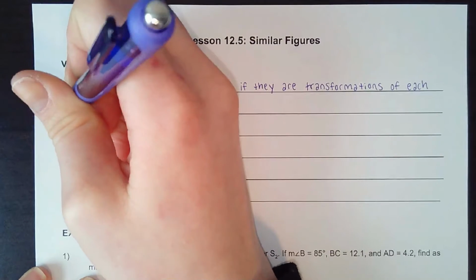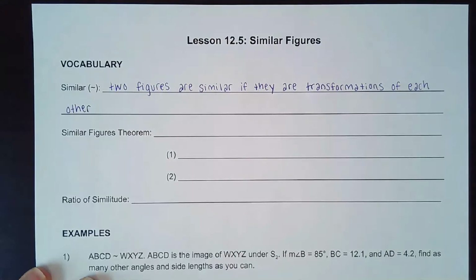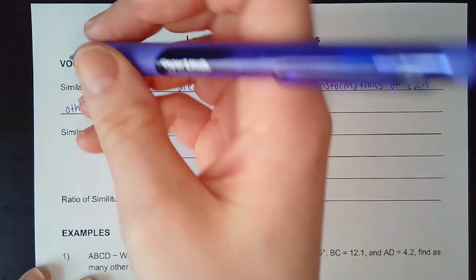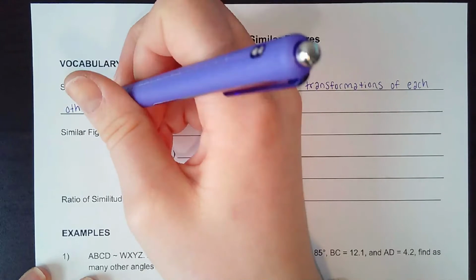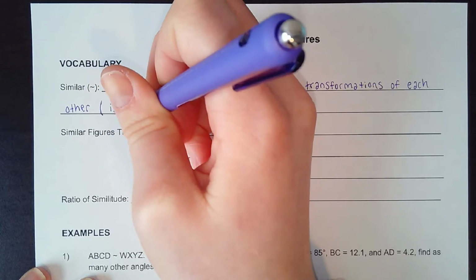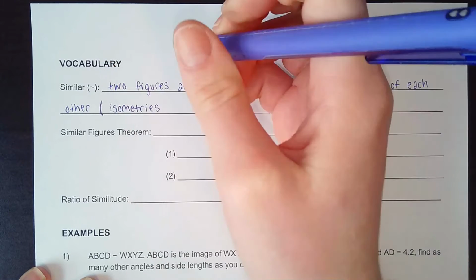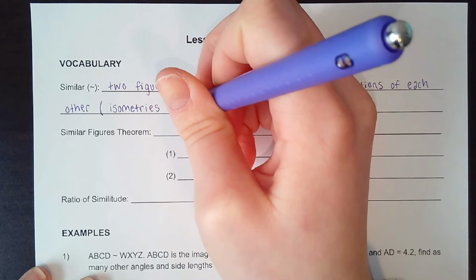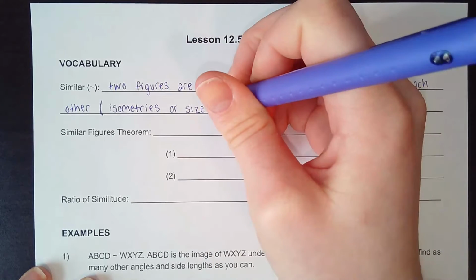Now, transformations, we've learned a couple different types of transformations. So we've learned about reflections, rotations, translations, glide reflections, and then also size changes. So I'm going to say isometries, which are transformations that are reflections, rotations, translations, and glide reflections, or size changes as well. Dilations also count as a transformation.